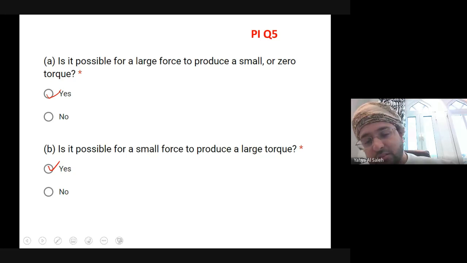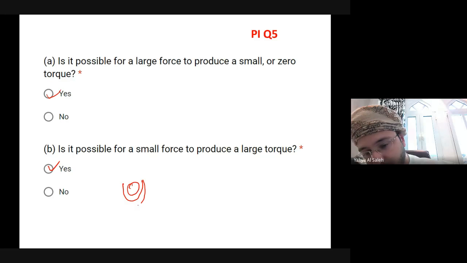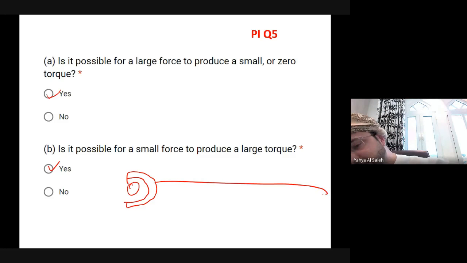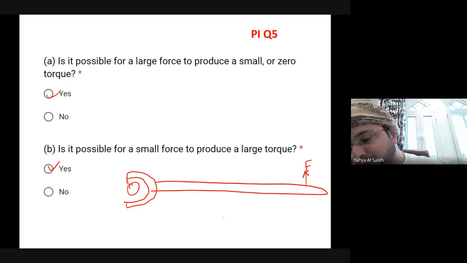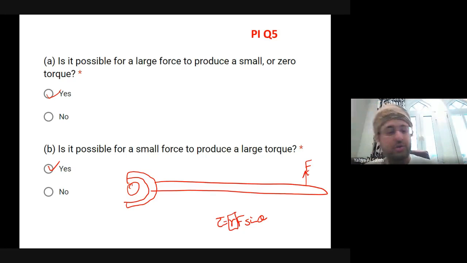If this is your force, and this is your wrench, for example, you will want a really, really long wrench. The tiny force F here will be amplified because your torque is RF sine theta. So if your R is really large, your torque is going to be large.